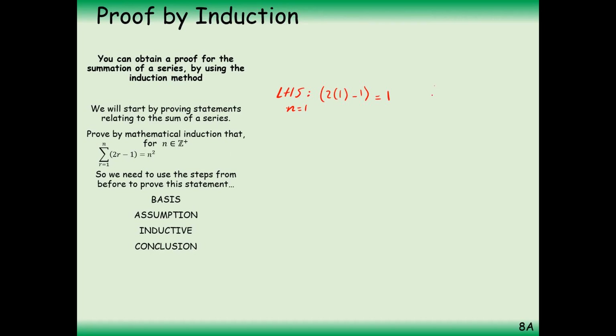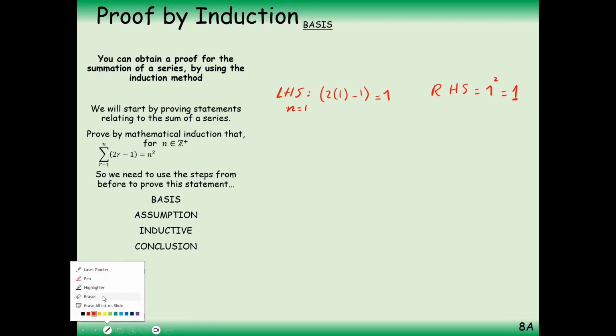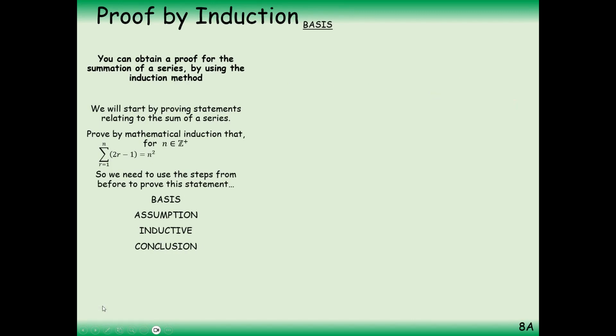On the right hand side, we also have 1 squared, which is 1, and they match. This shows that the formula holds for 1, and that's great. Even though it's really basic and simple, we have to write this stage. That's part of the proof.